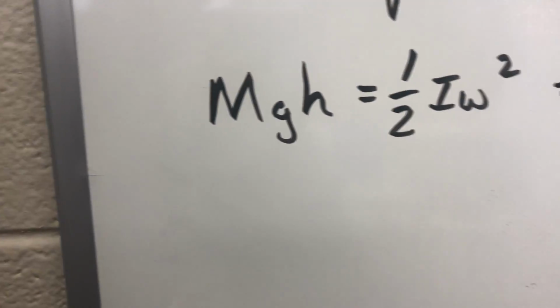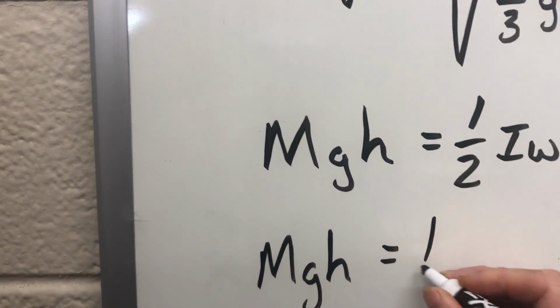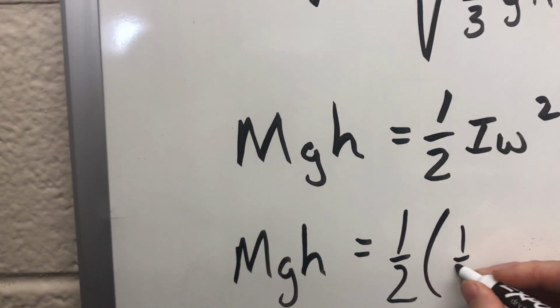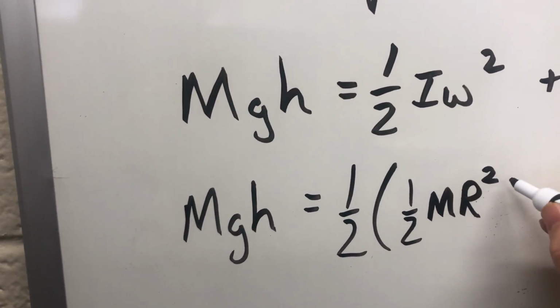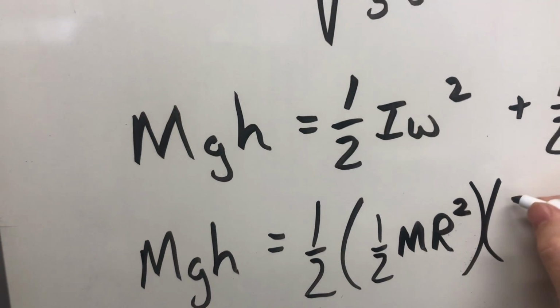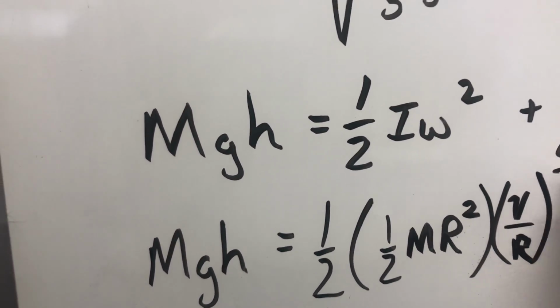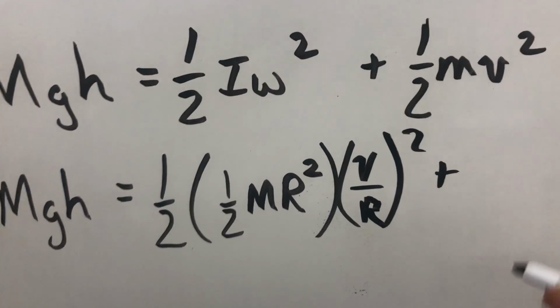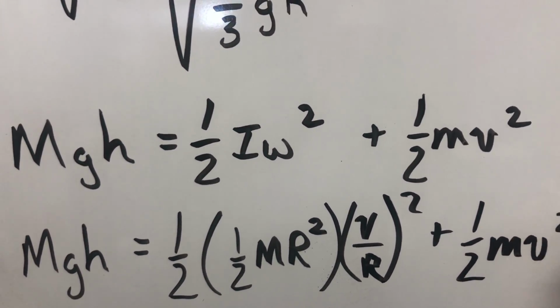And then this is what would be kind of neat. You'd have mgh equals 1/2 times 1/2 mr squared times omega, which omega is v over r, plus, so again, sorry, terrible camera work, 1/2 mv squared.